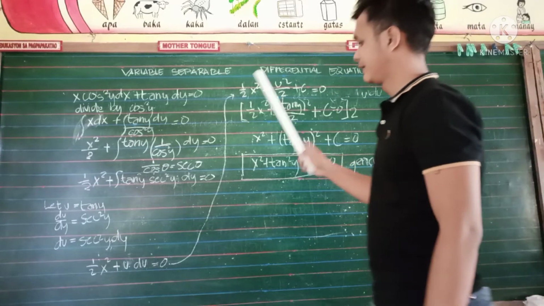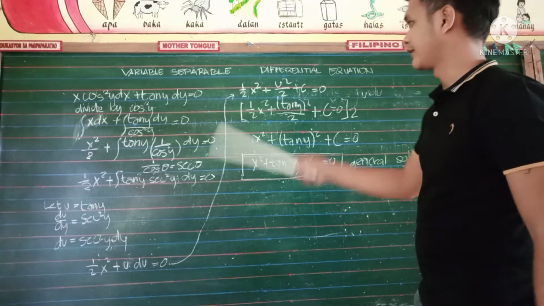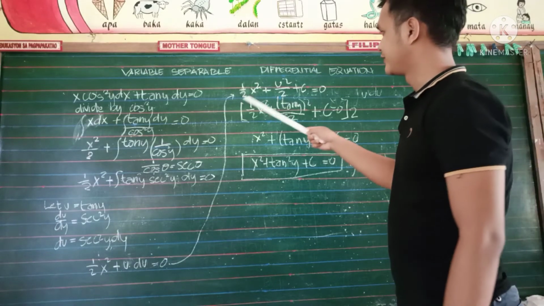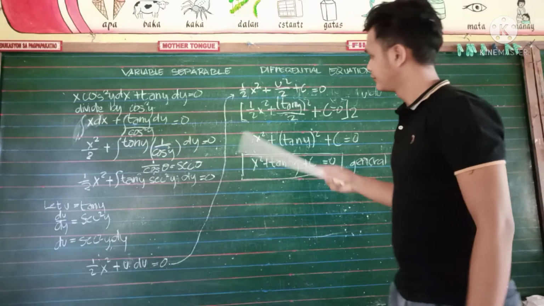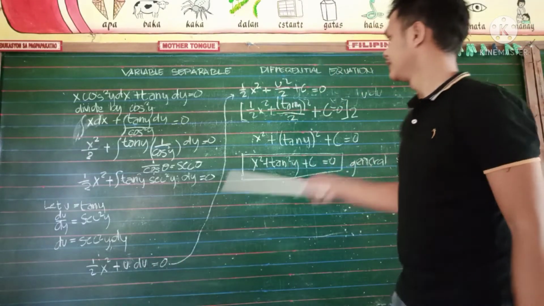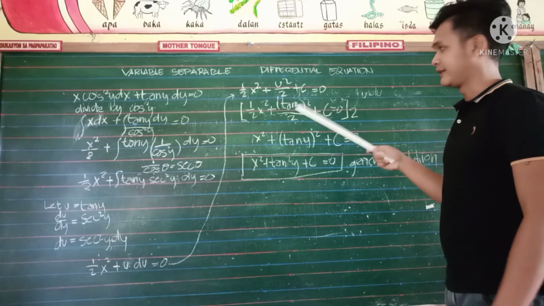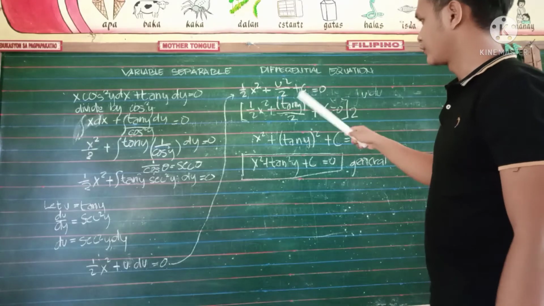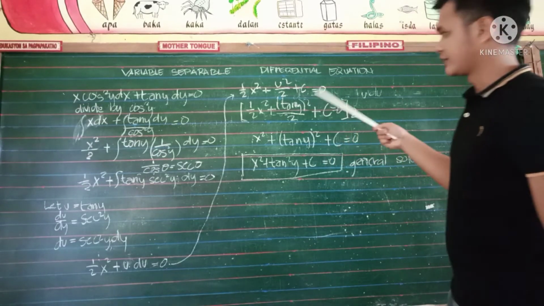So we copy that, the equation here: 1/2 x squared plus, using the integral of u du, which is equal to u squared over 2, plus the constant is equal to 0.